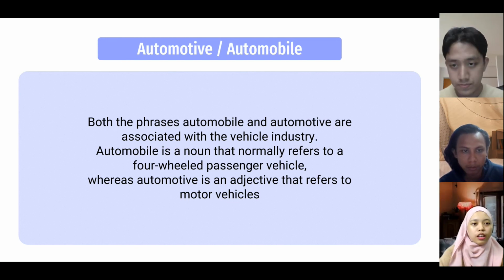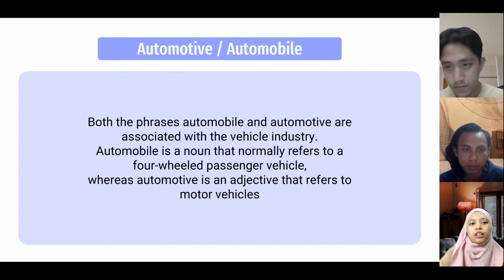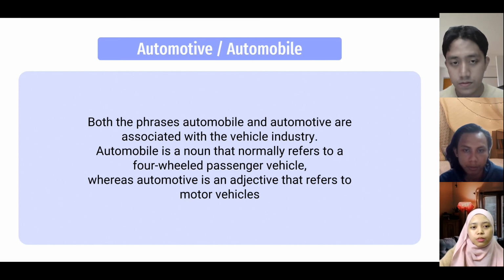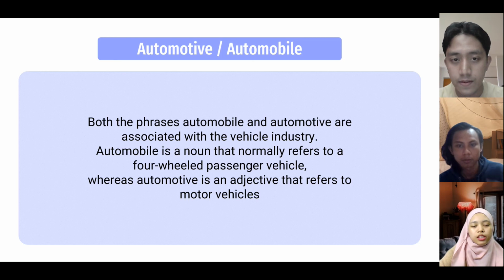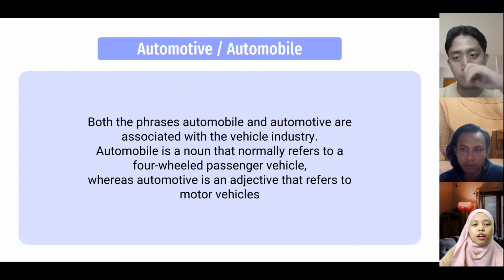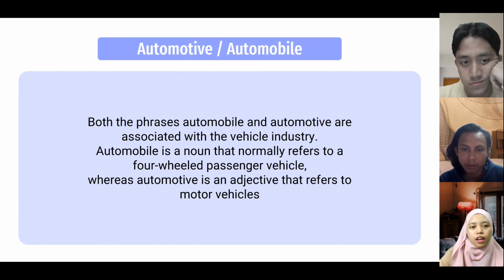Okay, I will explain about automotive and automobile. Both the phrases automobile and automotive are associated with the vehicle industry. Automobile normally refers to four-wheel passenger vehicles, and automotive is an adjective referring to motor vehicles. So this is the main difference between automobile and automotive.